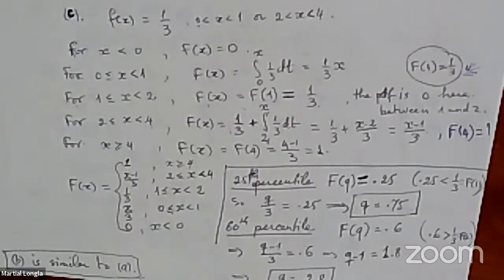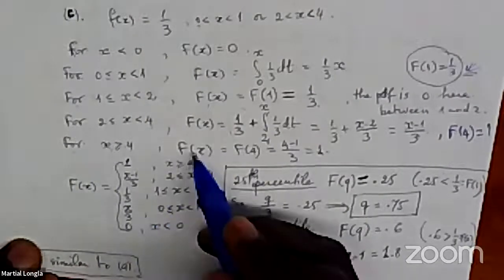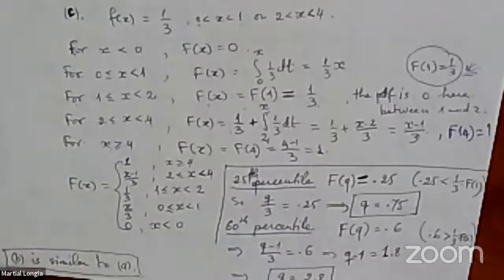After 4, the density is 0, so everything else is going to be equal to 1. That's why for x larger than or equal to 4, f of x is equal to f of 4 because nothing else is changing. Therefore, that's 1.